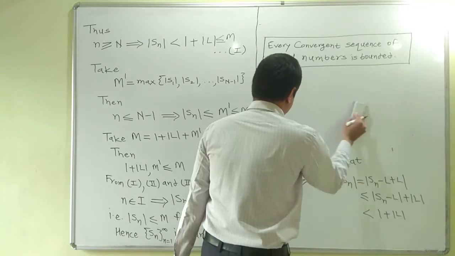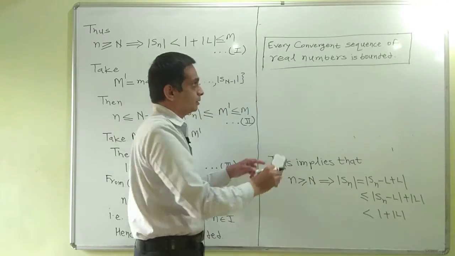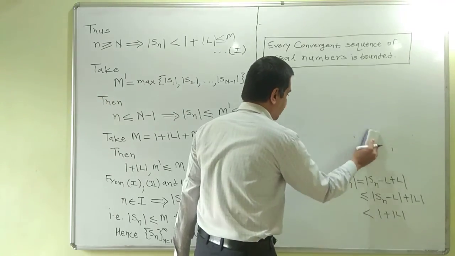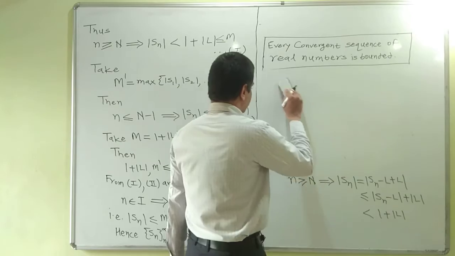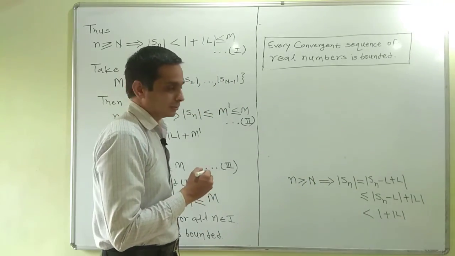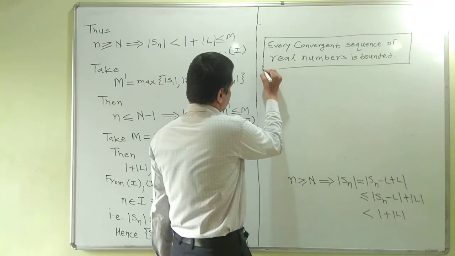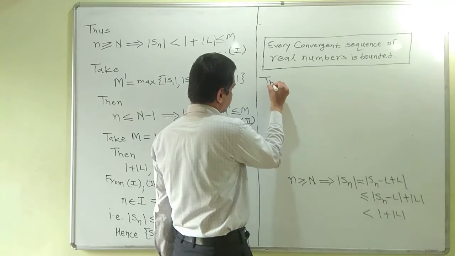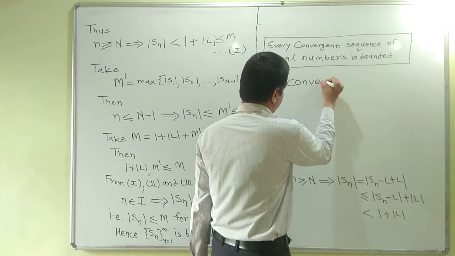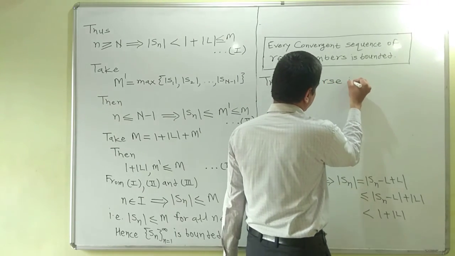What is the converse statement of this statement? The converse statement is: every bounded sequence is convergent, and it is false. So the converse is not true.